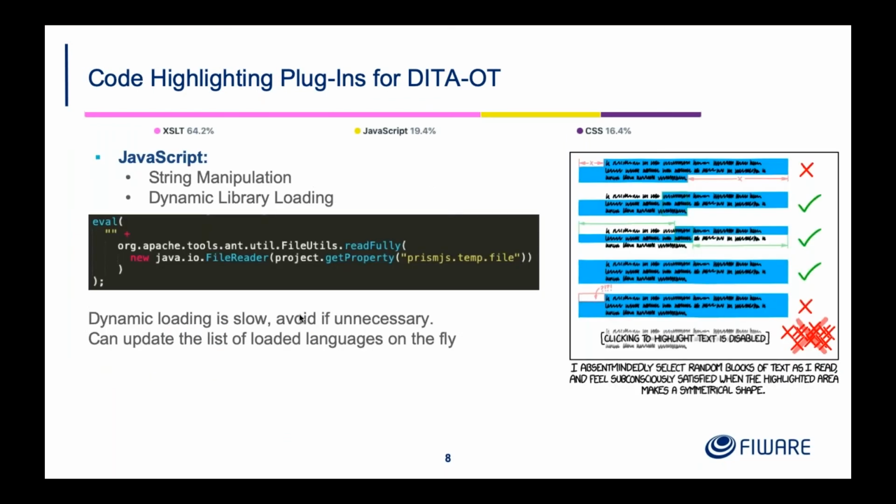There is a useful library called Prism, which is why this is called the Prism plugin, and that does all this code highlighting on the fly when a web page loads, which is fine if you've got JavaScript enabled, and obviously won't work on your PDF.